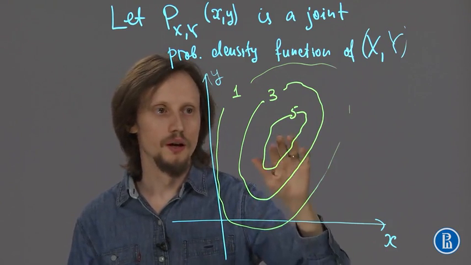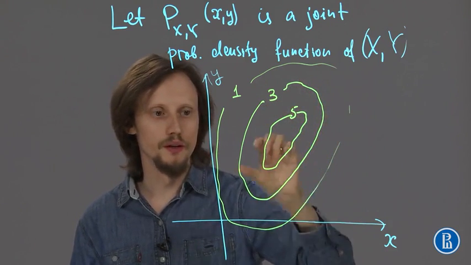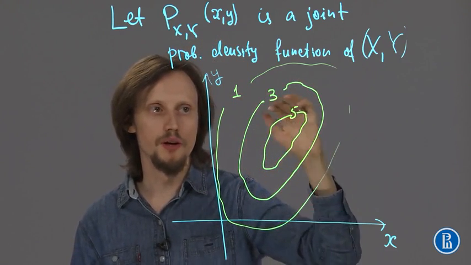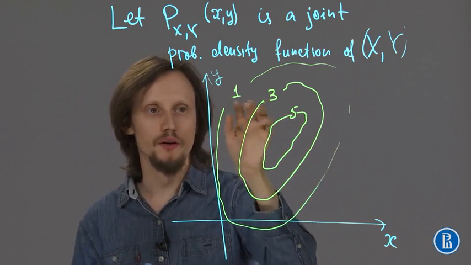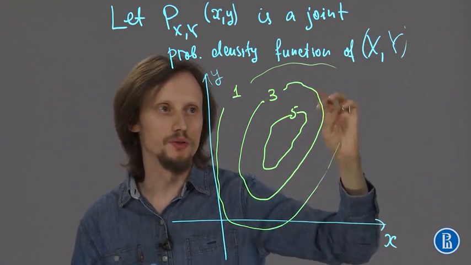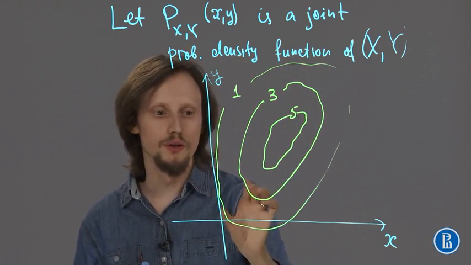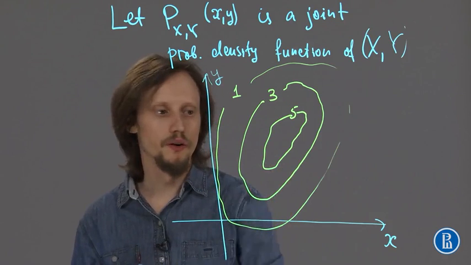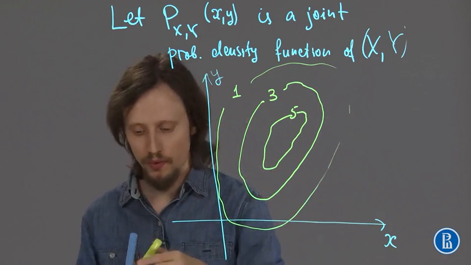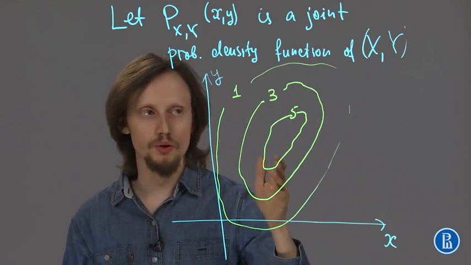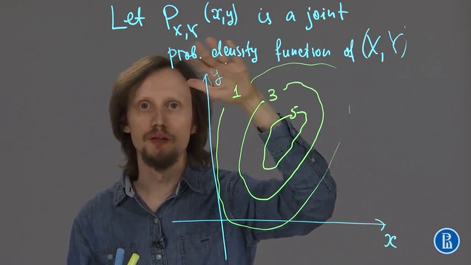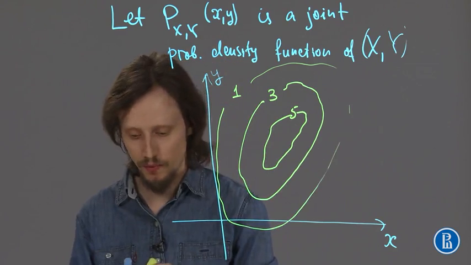So it means that here, between 5 and 3, the values of my probability density function are between 5 and 3, and here the values are between 3 and 1. So here the value of this function is lower than here, and here it is even lower than here. So this is a so-called contour plot that allows us to imagine this probability density function for two variables.